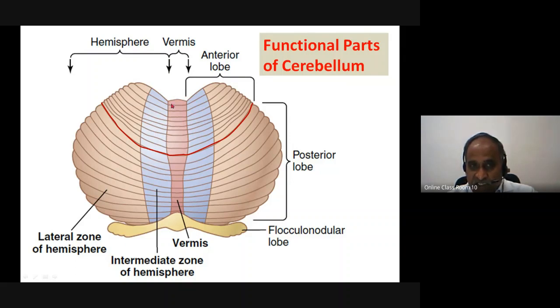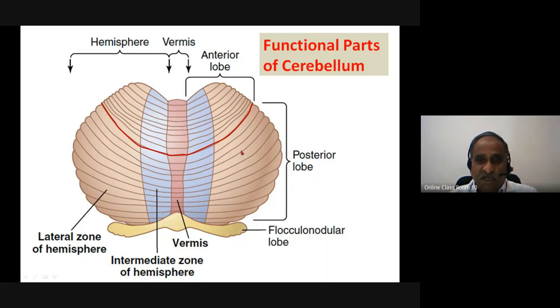And this central and intermediate part on either side is the spinocerebellum, connected to the spinal cord, and it will direct the spinal cord for the motor actions. And the lateral part is the cerebrocerebellum.